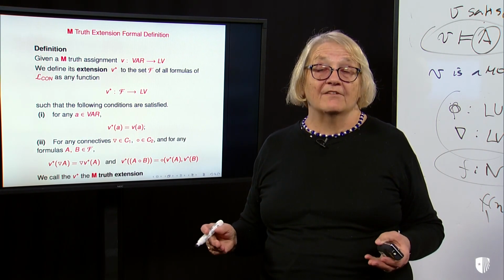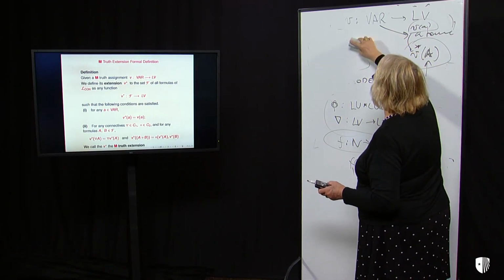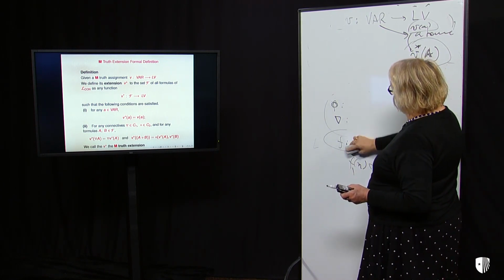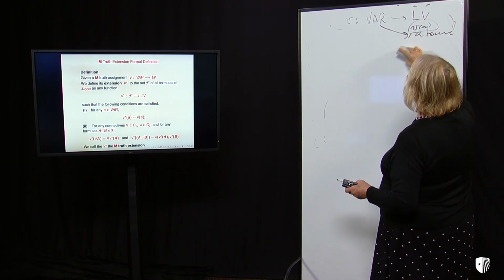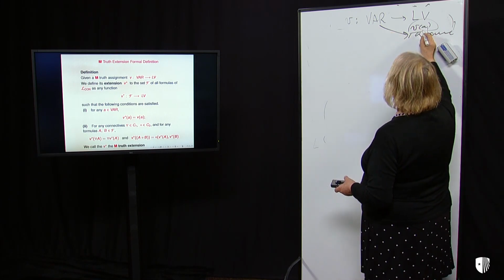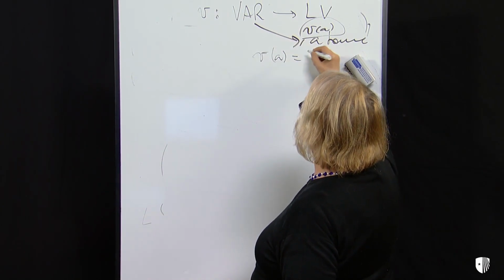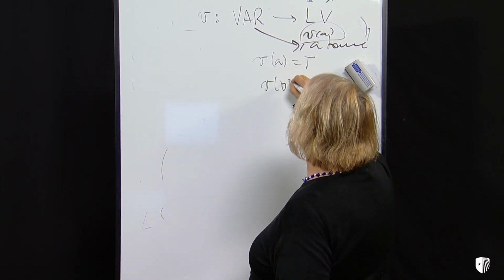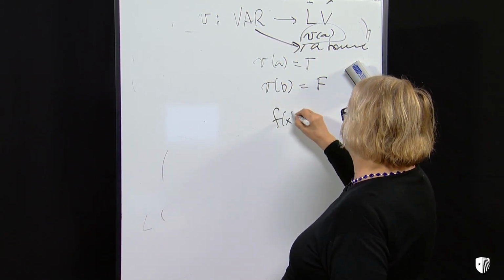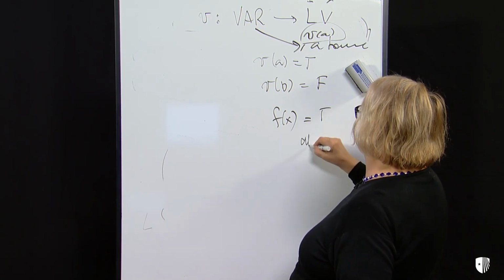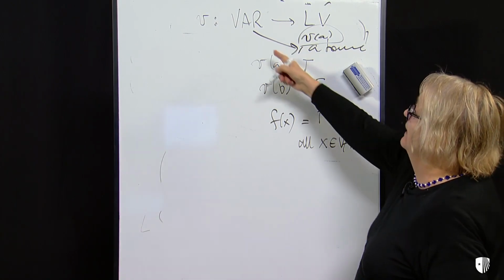Next step, because I was already preparing you for this: truth assignment is for any variable. So for any atomic formula, I know what V of A is, for example, V(A) equals true, V(B) equals F, and V(x) equals true for all x in variables different from A and B.